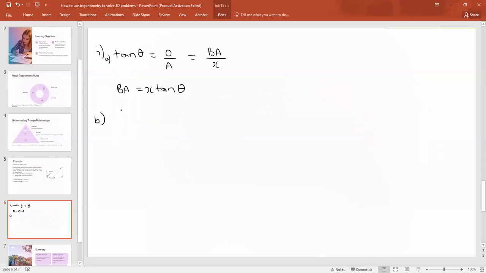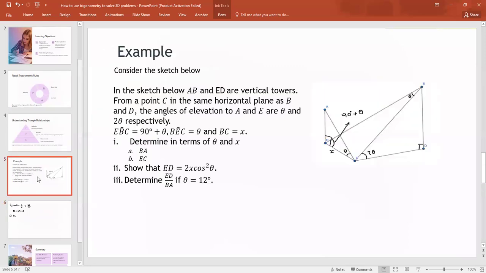Part B of the question, we want to determine the length of side EC, still in terms of theta and x. In an attempt to find this, we go to our diagram and see where EC is in this diagram. We have EC here. What triangle can we consider in this case? We can consider triangle EBC. Why do we choose triangle BEC?